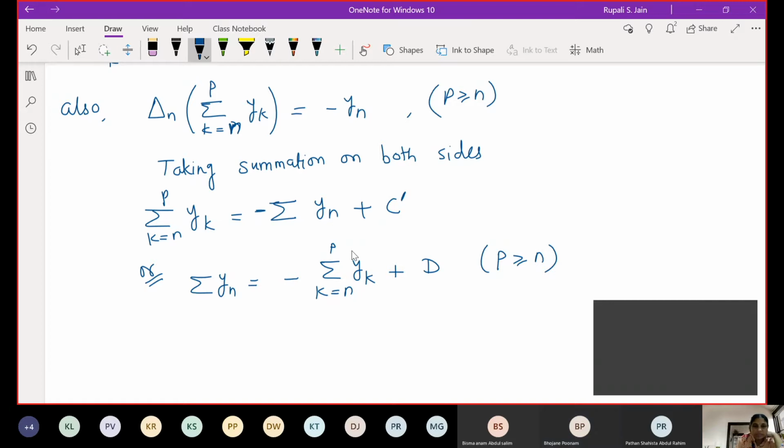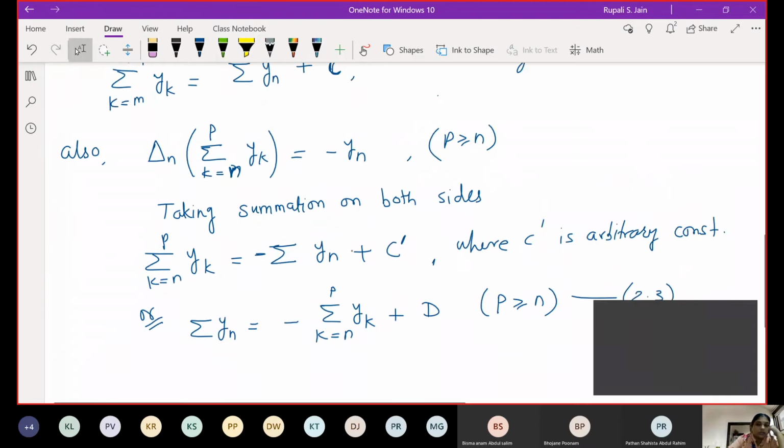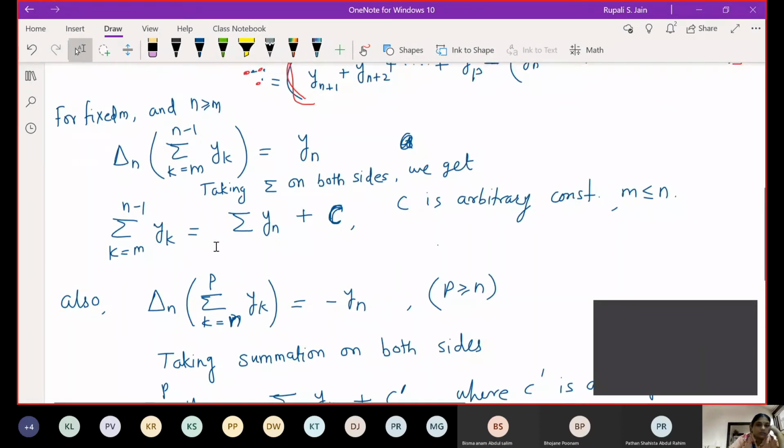Yes, ma'am. C dash or C1 also you can say, where C dash is an arbitrary constant. So I will give this as 2.3, and this I want to rewrite.